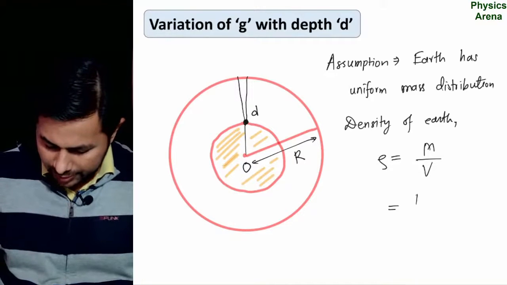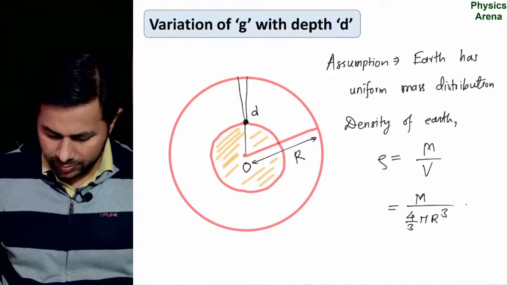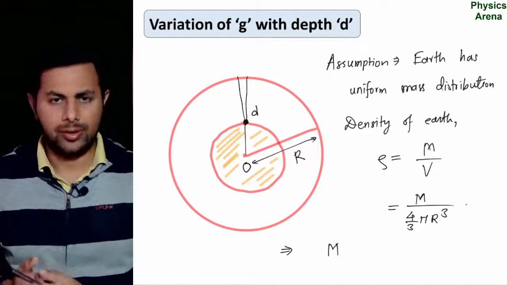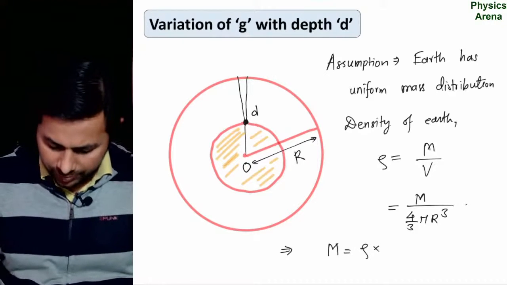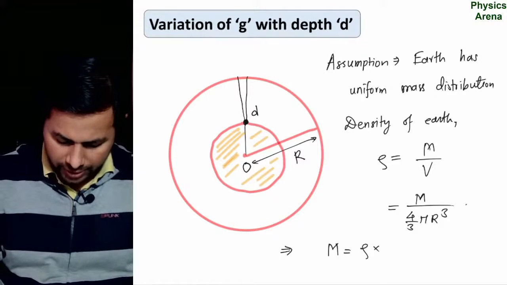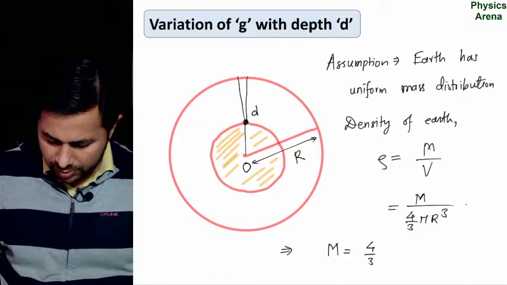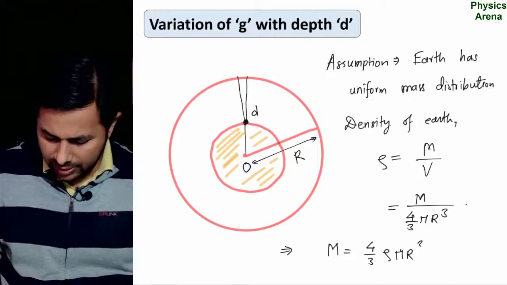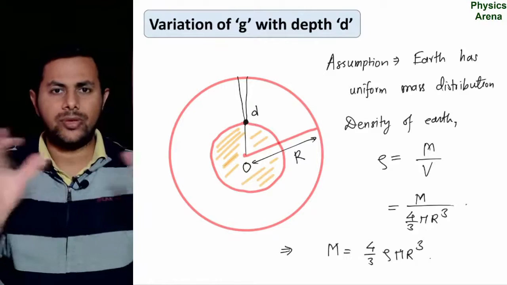So m divided by 4 by 3 pi r cube, and therefore I can write mass m is equal to rho multiplied by 4 by 3 pi r cube. So I will just write it as 4 by 3 times rho into pi r cube. Okay, so this is mass of Earth.